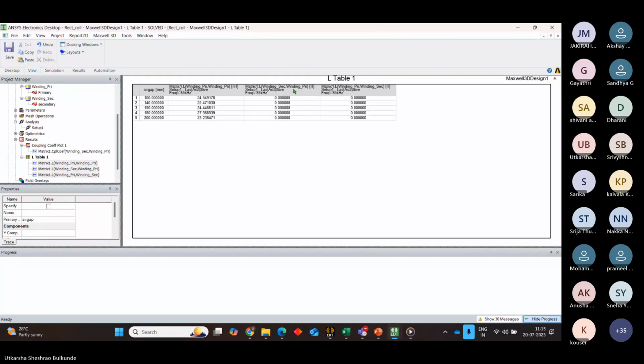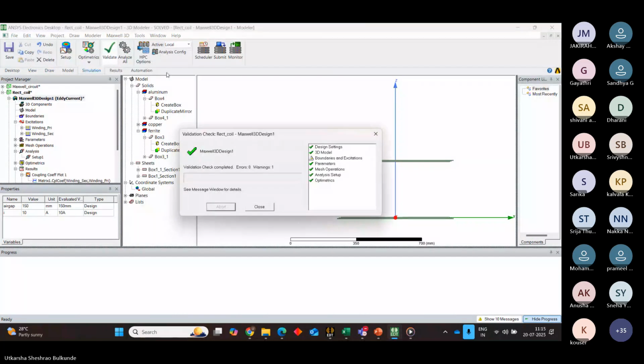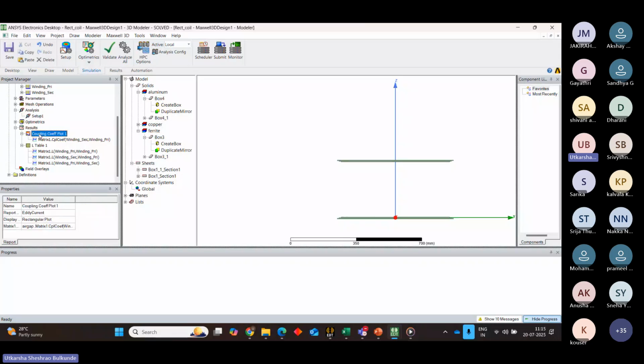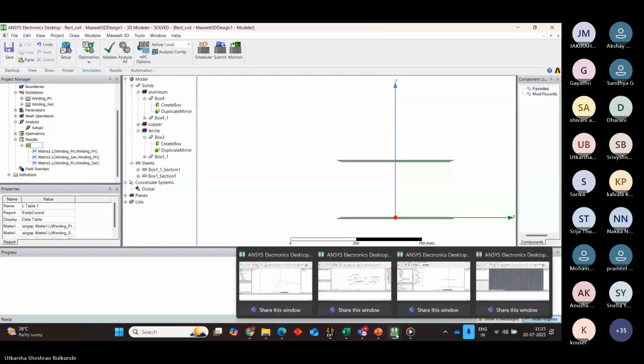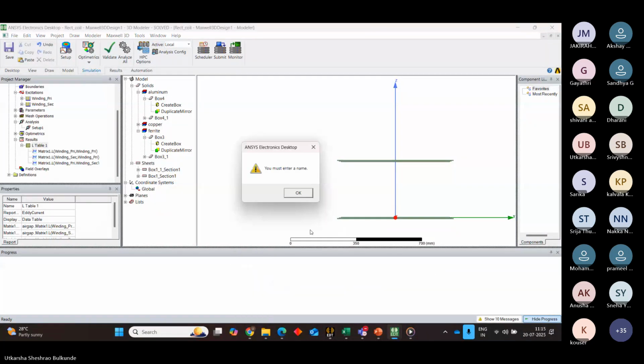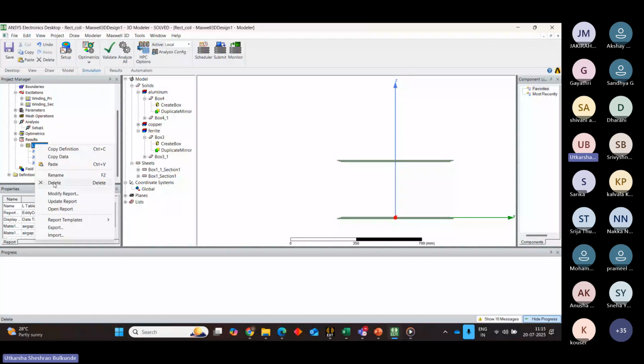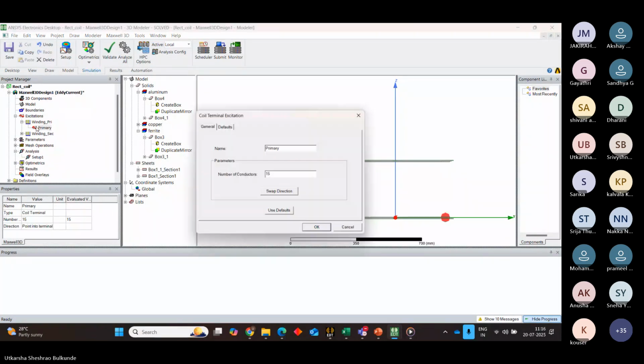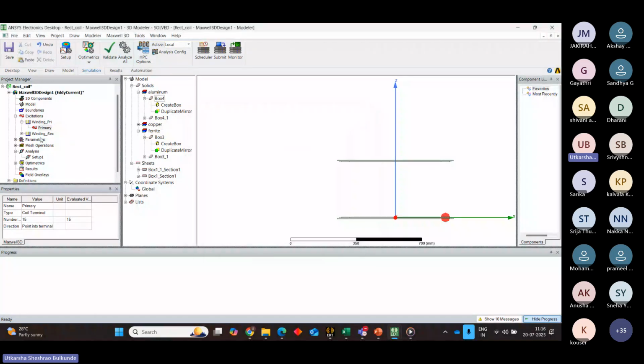The mesh fraction is correct. Have you guys noticed if I've done something wrong while simulating? 15 turns, right?